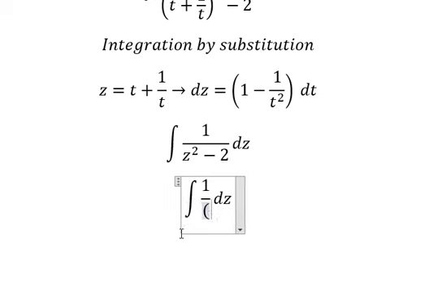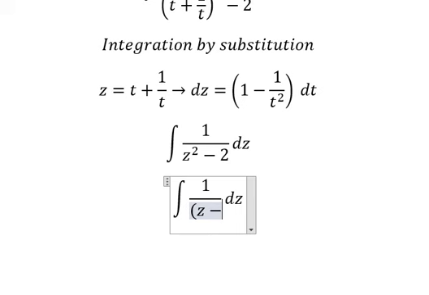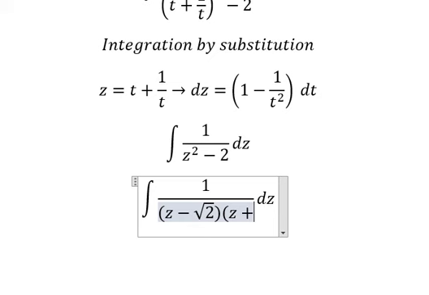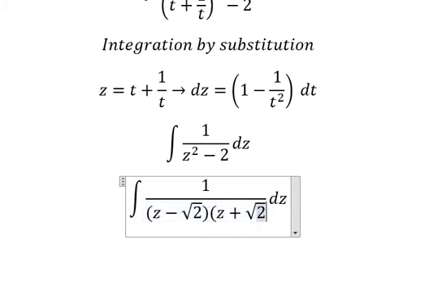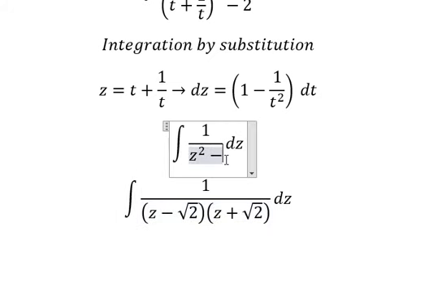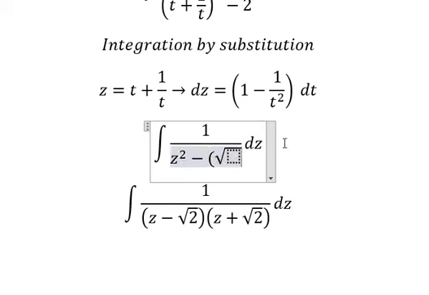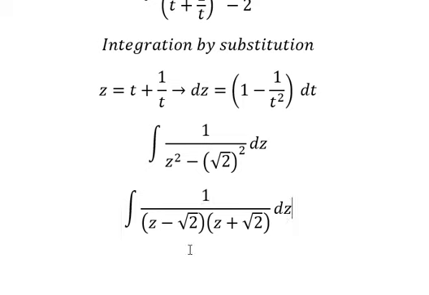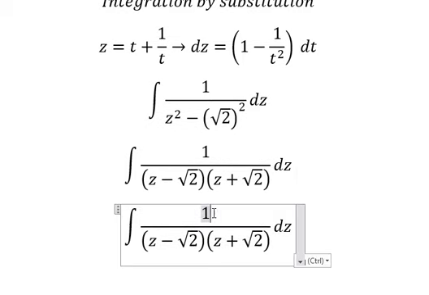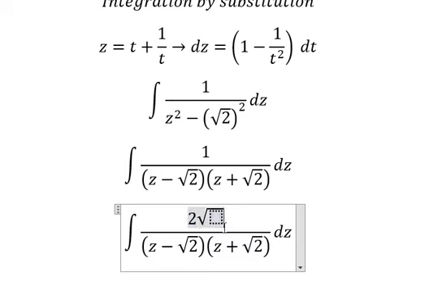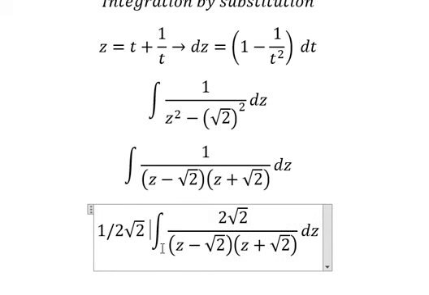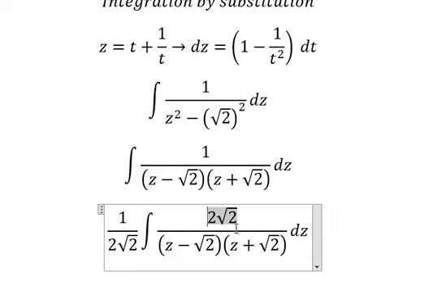So this one is an identity. So I can put it as z minus the square root of 2 and z plus the square root of 2, because 2 is the square root of 2 to the power of 2. So the next one, I will put 2 with the square root of 2 on the numerator and denominator, because I want to create the factor in here.